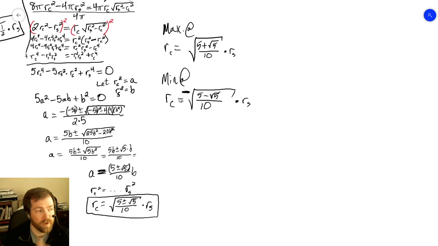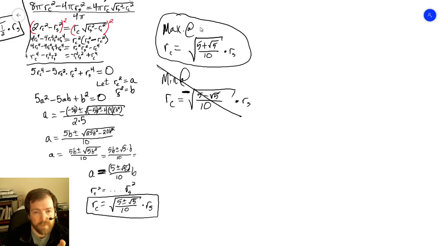Which again, we don't care about this because this is negative and it's the minimum. We want the maximum. But it's worthy to note that this here should be a plus or minus under certain conditions.